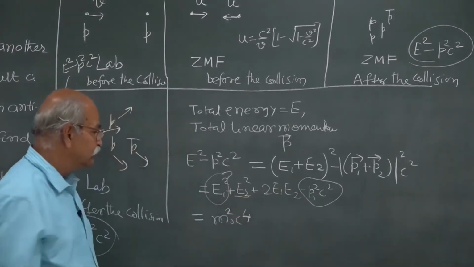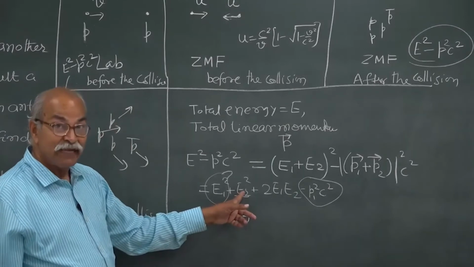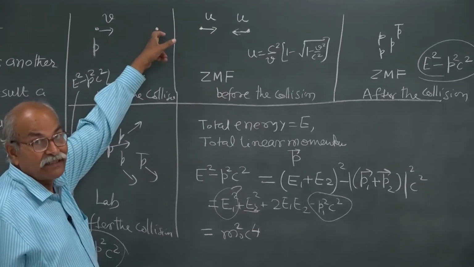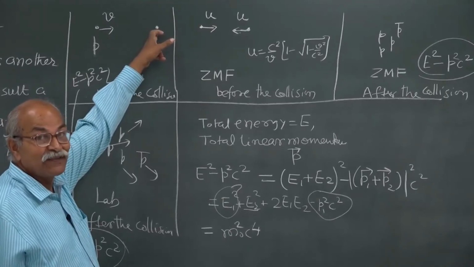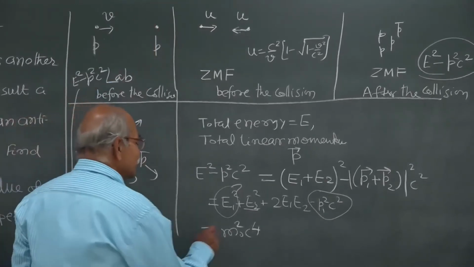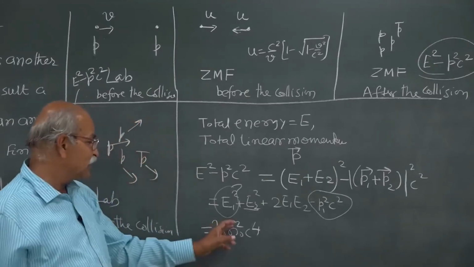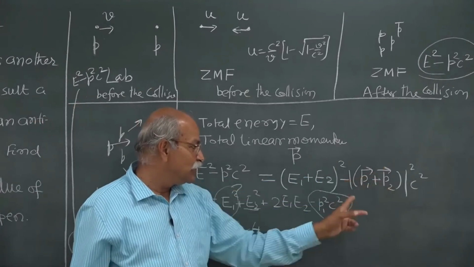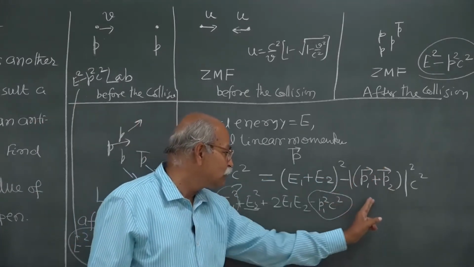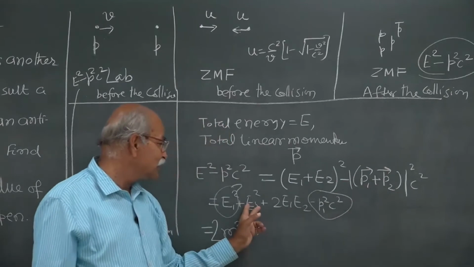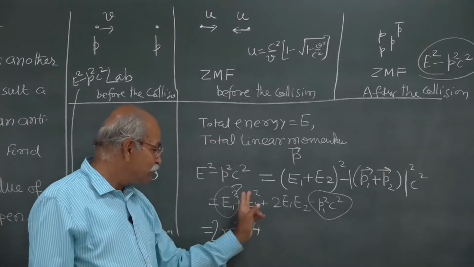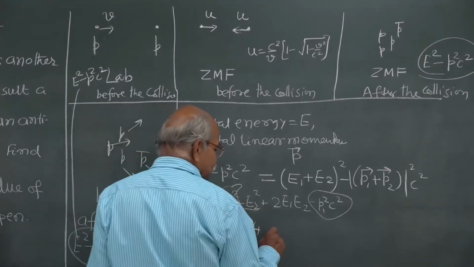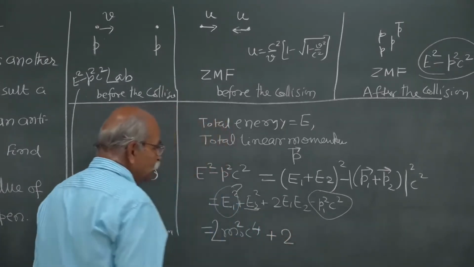E2 square again must be the same, the second particle is anyway at rest. So, its total energy is the same as rest mass energy m naught C square, and therefore its square is m naught square C4. If P2 is not 0, then you will have E2 square minus P2 square C square, that together will again make m naught square C4. Then plus 2 times E1 E2.